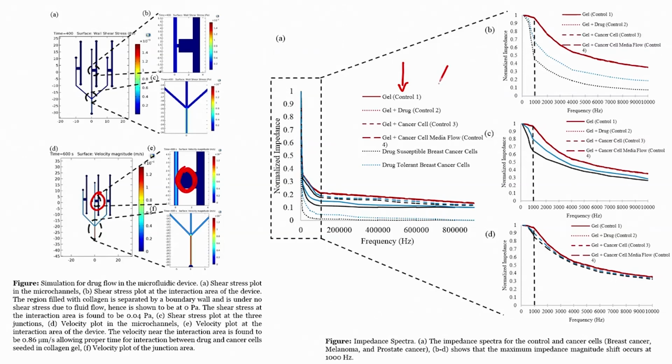Then, when you introduce gel plus drug, there is no cell, so there is gel and you are introducing drug; what is the impedance? Now, you have gel plus cancer cell, no drug, the third case, control 3. What is the impedance? These are our controls.